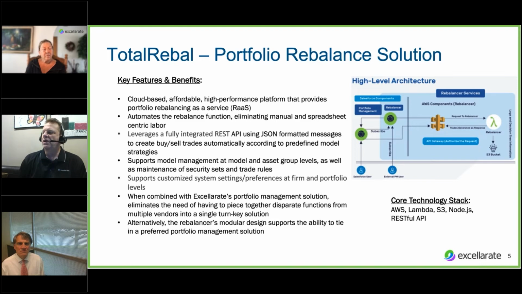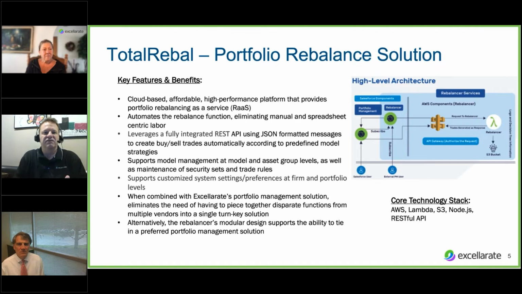It's built around a RESTful API, for those of you in the audience that might be a little more technical. It uses a REST API and JSON formatting to create buys and sells. Essentially, it takes the account holdings, the portfolios, the security prices and the models as input. It does its rebalancing in an AWS Lambda function, and then returns the recommended buys and sells back to the portfolio platform.